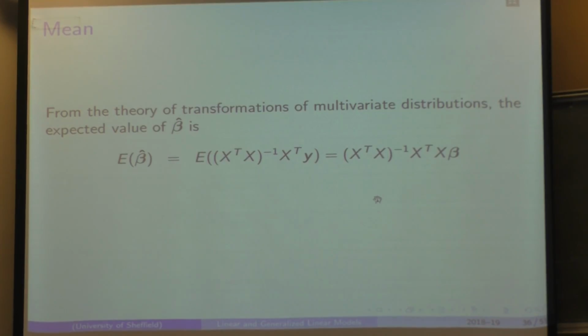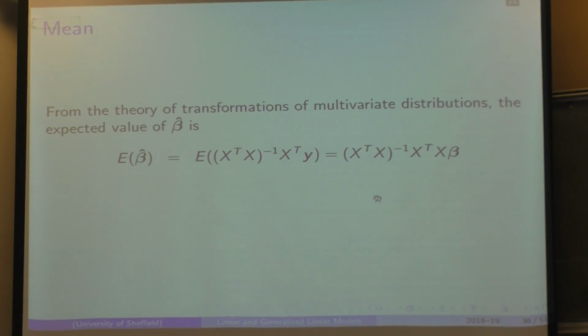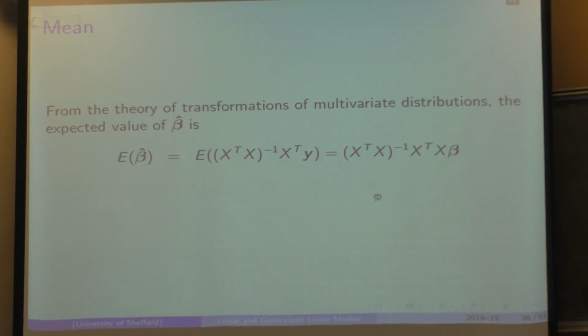Now, if you take a linear transformation of a random vector, something like this, then to get the mean of the transformed random vector, you apply exactly the same linear transformation to the original mean as you applied to the variable. Okay?